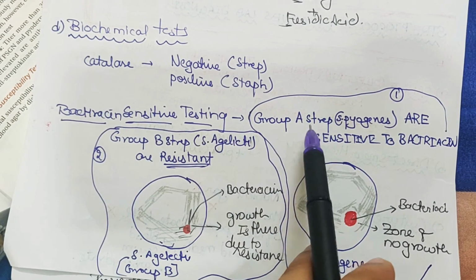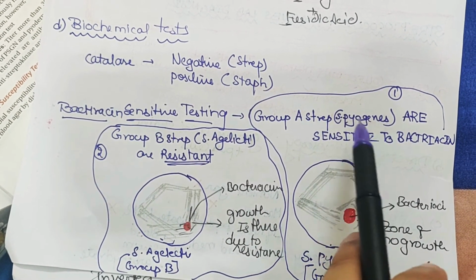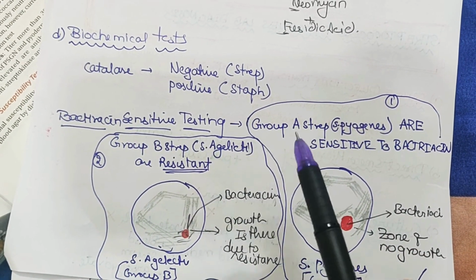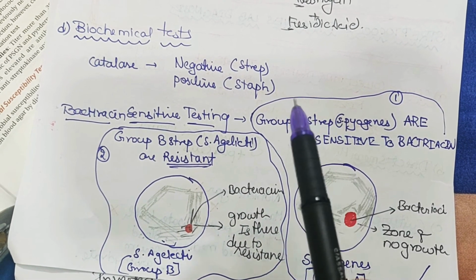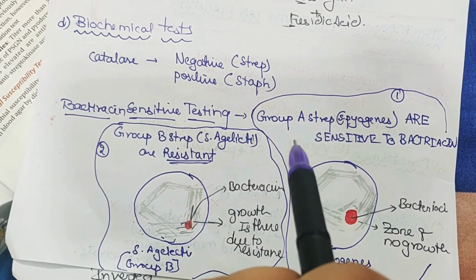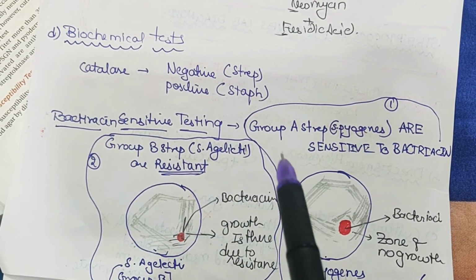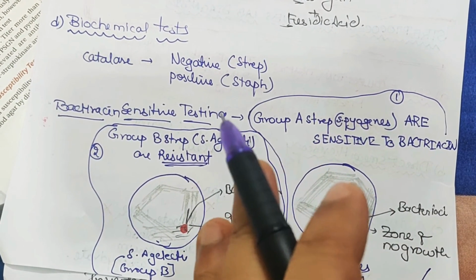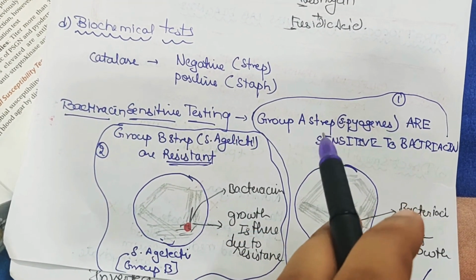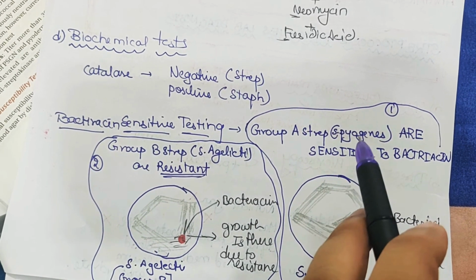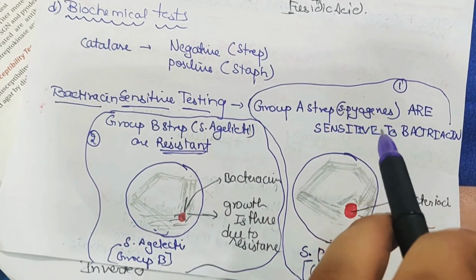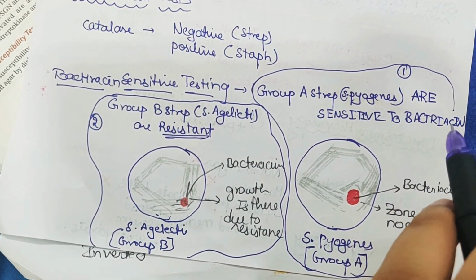Group A Streptococci has Streptococcus pyogenes. If you don't know the classification of Streptococci, please see a video on that, because that will be helpful to understand this. In group A Streptococci, we have Streptococcus pyogenes. So this is sensitive to bacitracin.